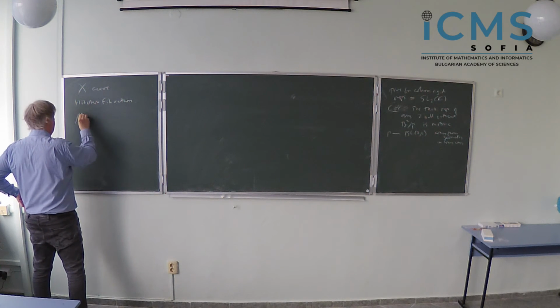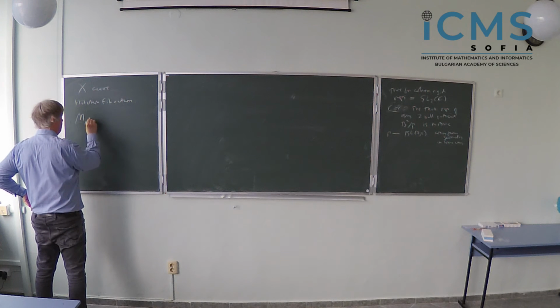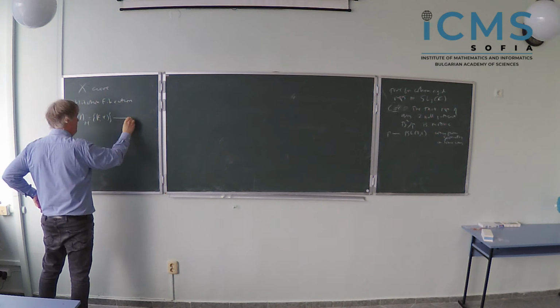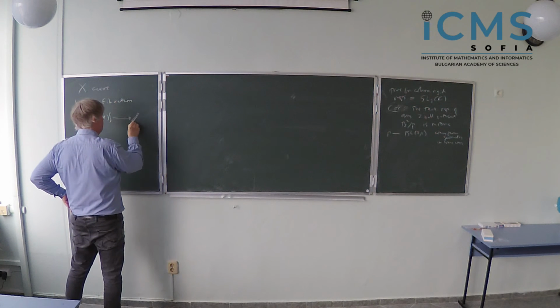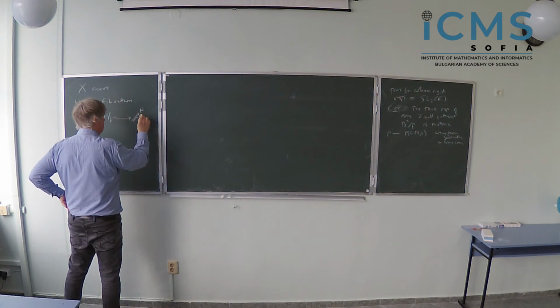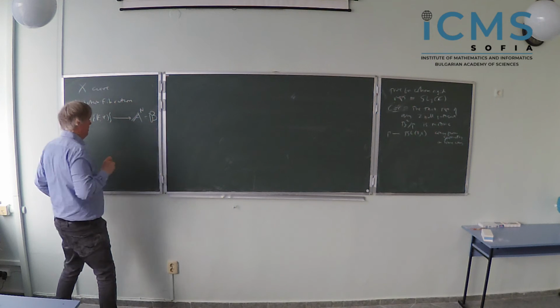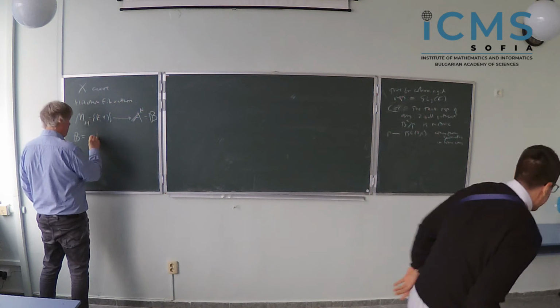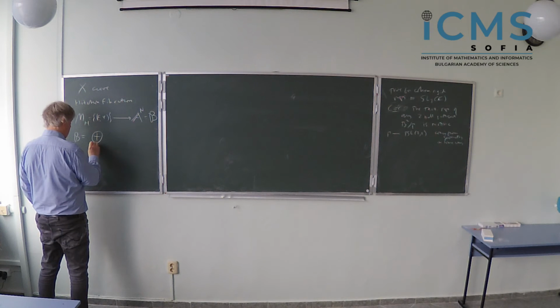So we have what's called the Hitchin fibration. We have the Hitchin moduli space of Higgs bundles, and we have a map to an affine space, which we'll sometimes call B, the Hitchin base. B is the direct sum, say i equals 2 to r.